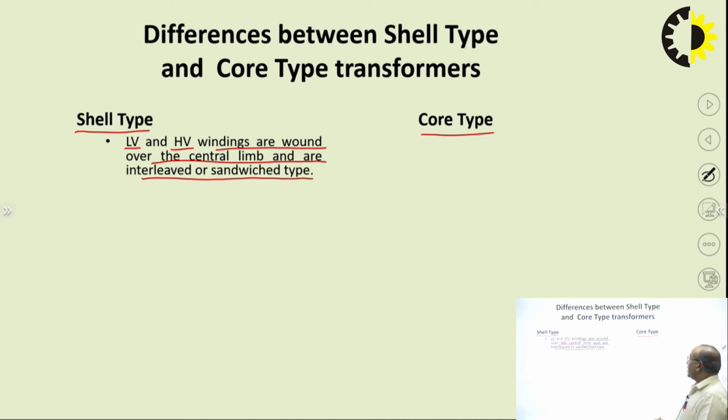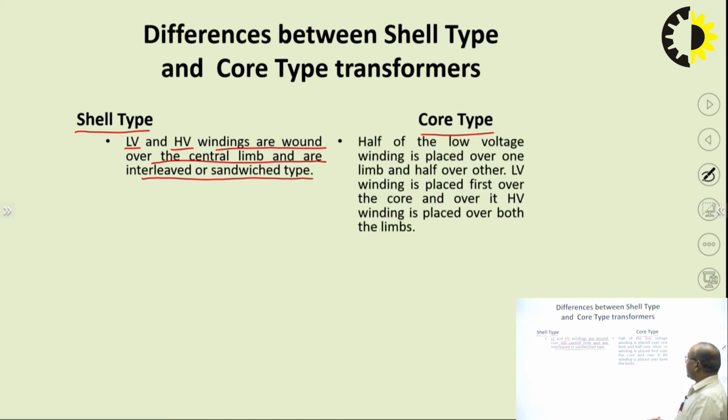If we take the core type transformer, what is there? Half of the low voltage winding is placed over one limb and half over the other limb. Similarly, low voltage winding is placed first over the limb of the core and over it high voltage winding is placed over both the limbs in order to save the insulation of the winding, that we have already discussed.